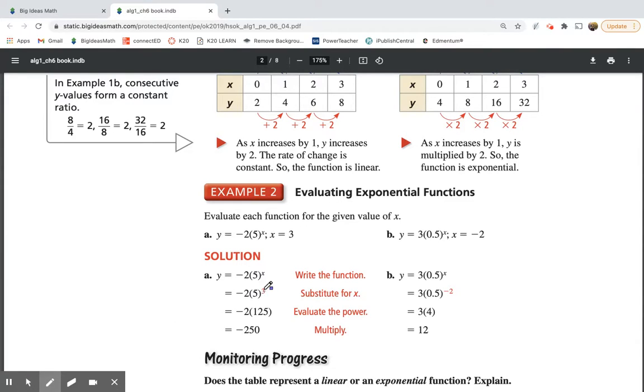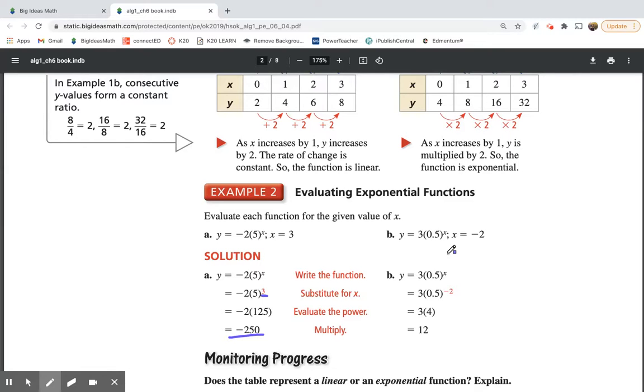We have negative 2 times 5 to the third power. Using our PEMDAS, or order of operations, we have to do this exponent before we can multiply. So that only goes to the 5 because the rest of it is not in parentheses. So 5 to the third power, meaning 5 times 5 times 5, is 125. Then we multiply by negative 2 to get negative 250.